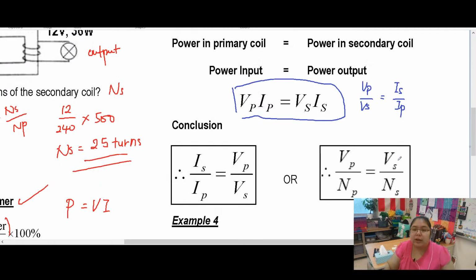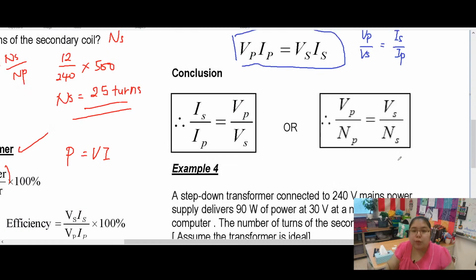Okay, now we combine all the equations we learned. Before that we learned Vp over Vs equals Np over Ns. Now you add one more, when related to the ideal transformer, that should be Is over Ip.